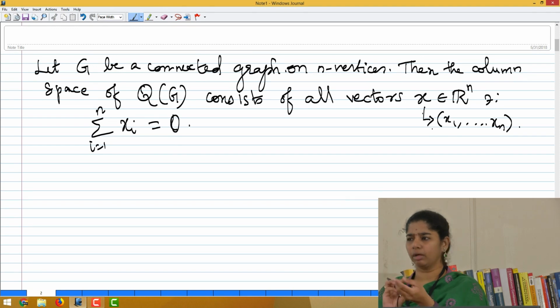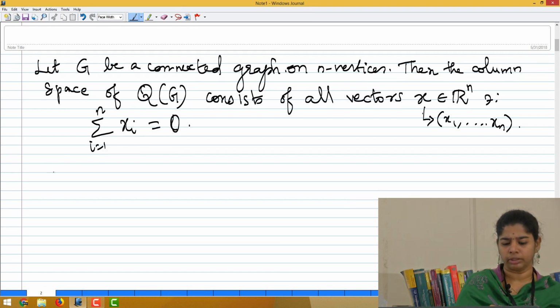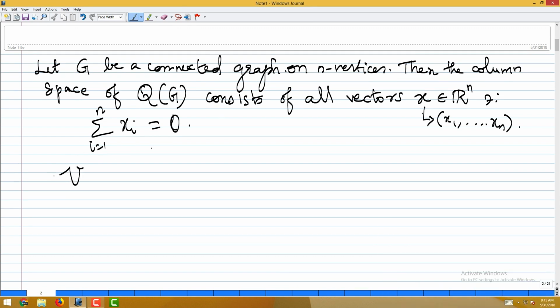It is very simple basic linear algebra that we want to use, we will not use any big thing. So, let us start with it. I want to show that the column space is equal to this set of all vectors whose component sum is 0. So, let W be the set of all vectors in Rn such that the summation of xi is 0, the sum of its components is 0.